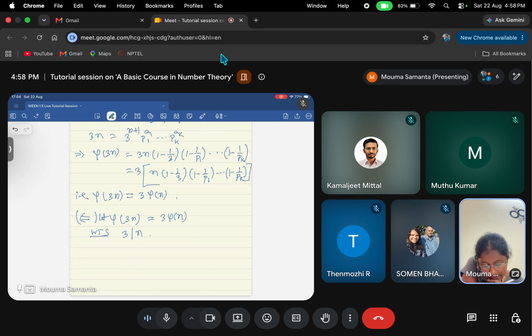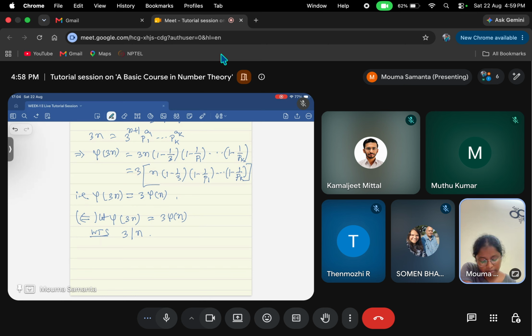How can we show that the power of 3 in the prime decomposition is non-zero? That is also one way to show. Considering the prime decomposition of n, then showing that pi will be 3 for some i from 1 up to k, that means in the prime decomposition of n.